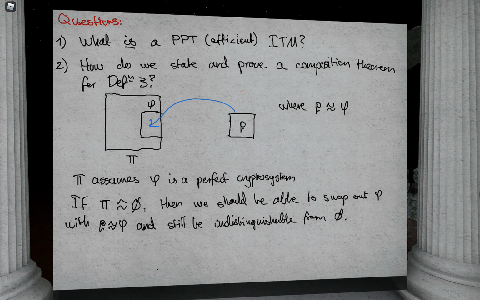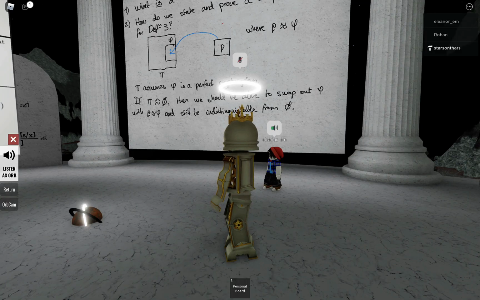So this is going to be the major difficulty: given all of these different moving parts, can we do this swapping out, and does it make sense? And in particular, transitivity of indistinguishability does not suffice.